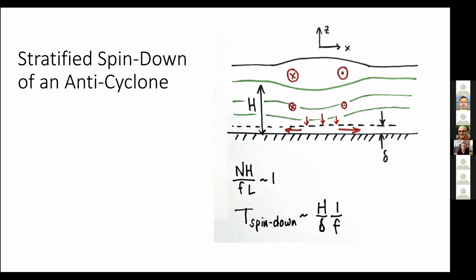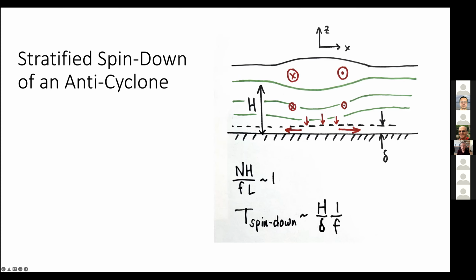Then what we call Ekman pumping at the top of the bottom boundary layer is pulling down. And the consequence is that it pulls down the density structure, and it leads to weaker and eventually zero currents as you get close to the bottom.